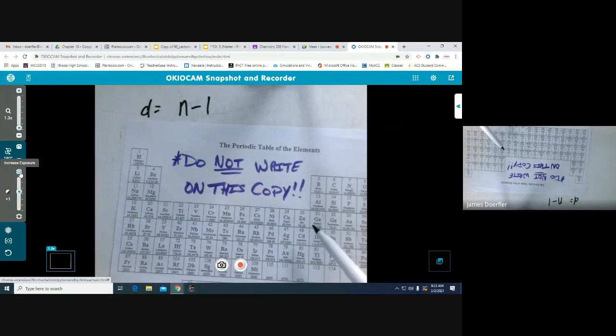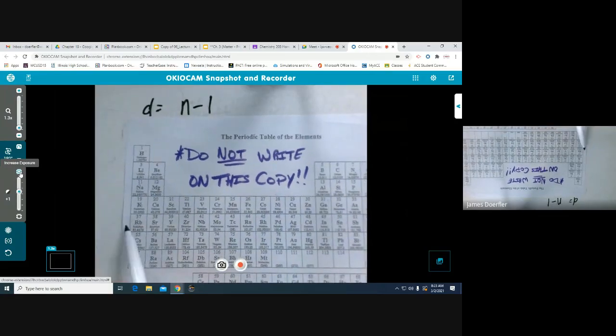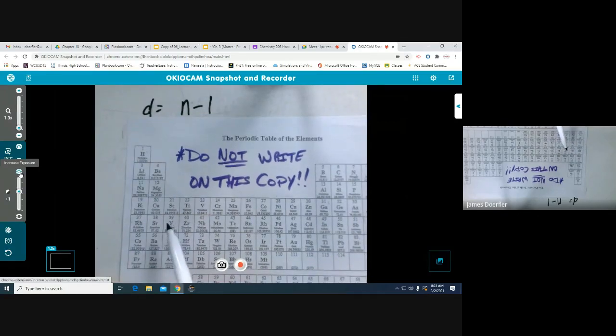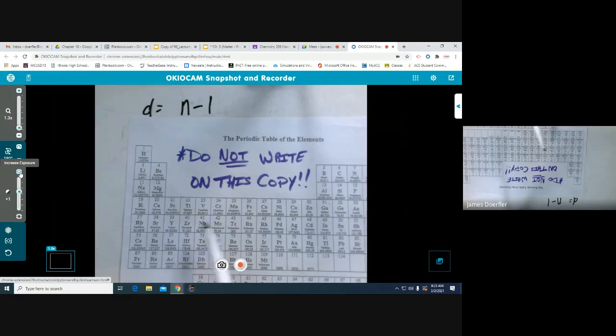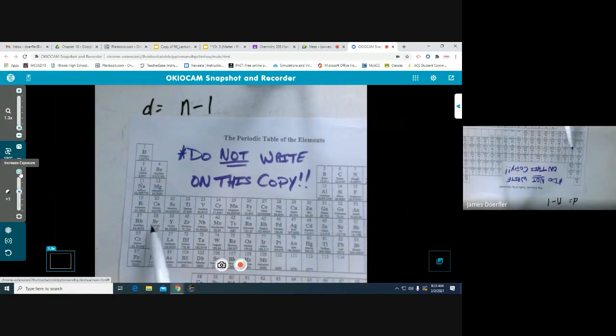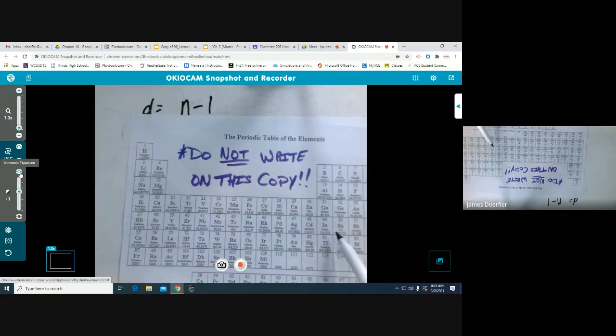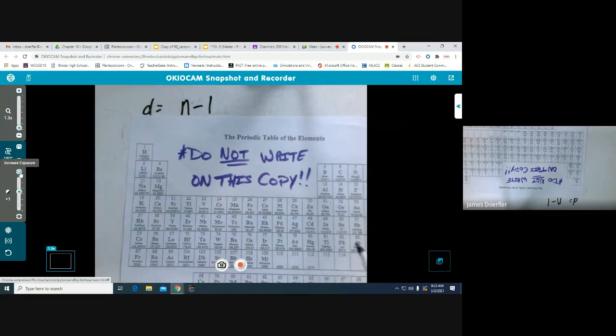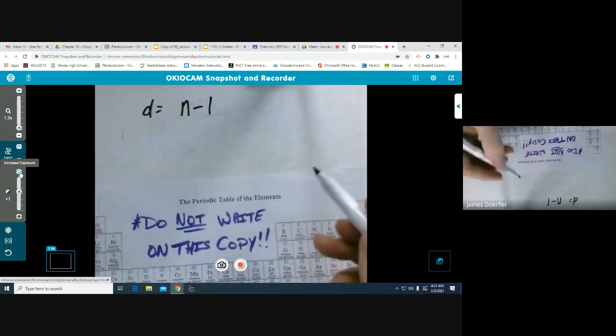Okay? Now, if we're in the fifth energy level, we have 5S2. What's my value for D? 4D. And then if you go all the way through 4D10, then you get into the P block. What is it? Back to 5. Very good. Now, that's the D block.